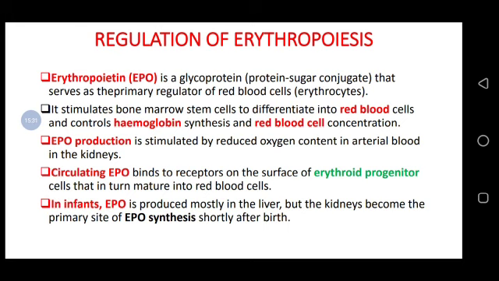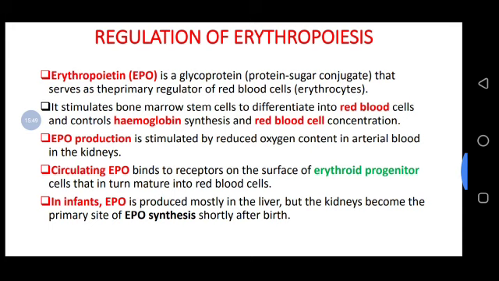So we have the erythropoietin hormone, which is a glycoprotein. This hormone is mainly produced in the kidney. That's why people with kidney failure or kidney problems suffer a lot from anemia, because there is a good correlation between RBC formation or blood production and the kidney.